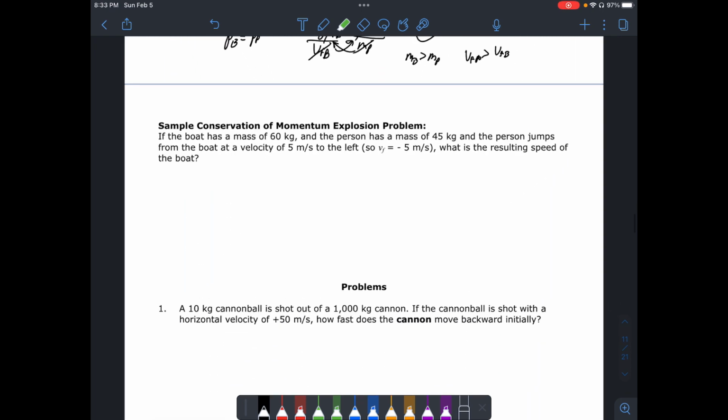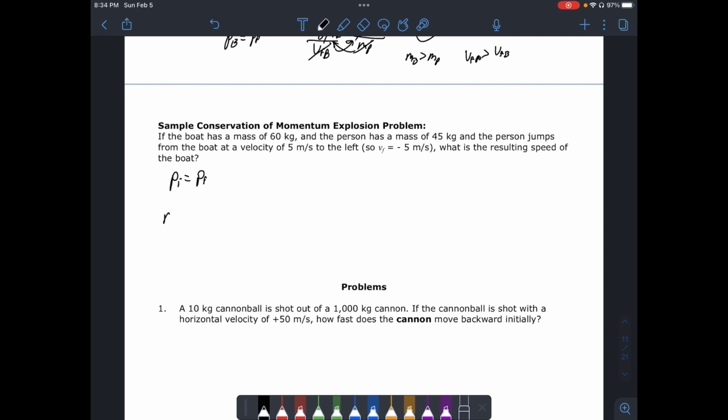And let's just do this sample problem really quickly. Again, we have a boat and a person who jumps from the boat with a velocity. So let's see. Again, this is conservation of momentum. So Pi equals Pf.